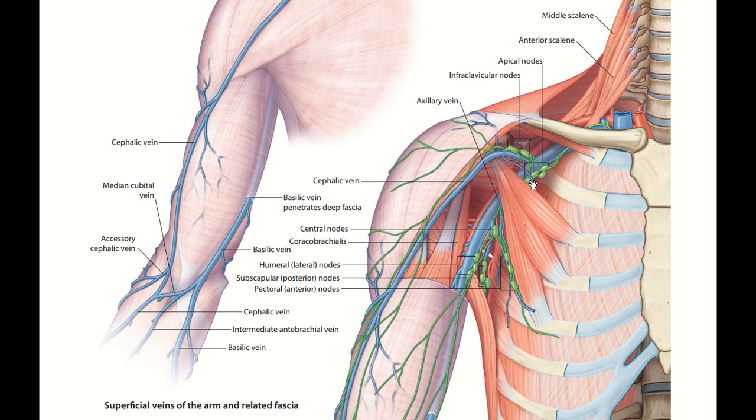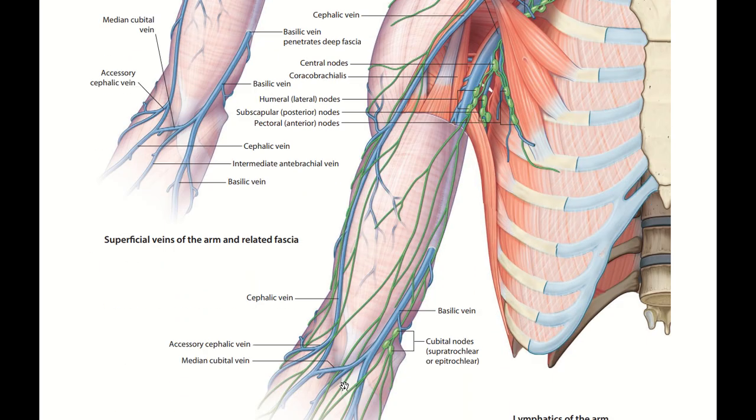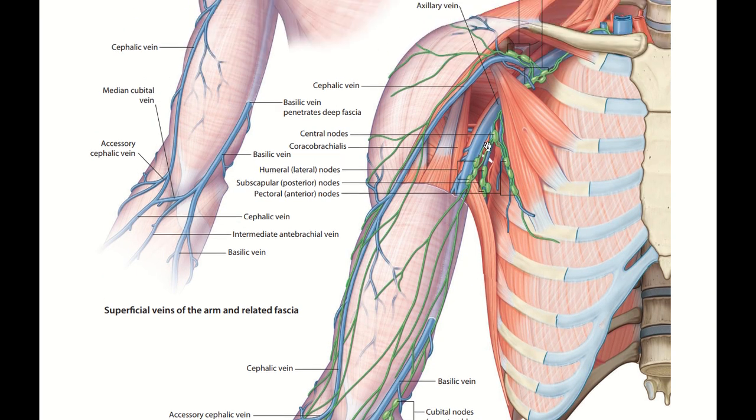Lymph from the middle portion, the third, fourth, and fifth digits, drains into your cubital nodes, which are the supratrochlear or epitrochlear nodes, runs along with the basilic vein, and drains into the lateral or humeral axillary lymph nodes.